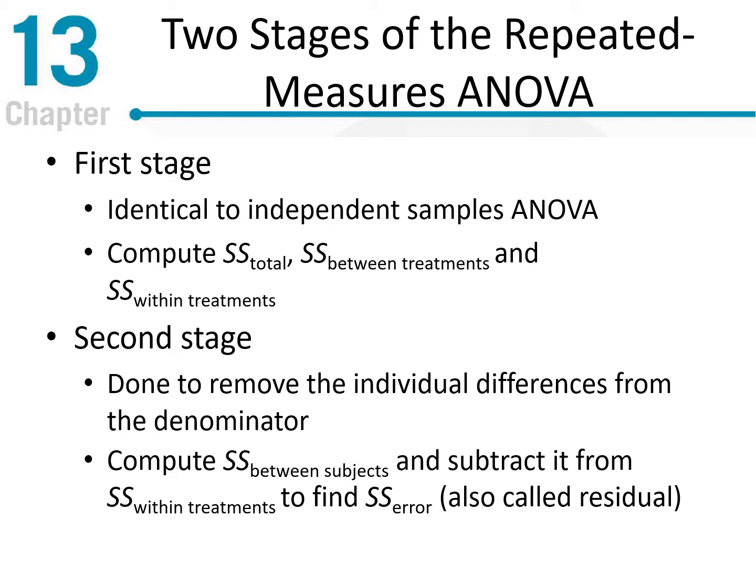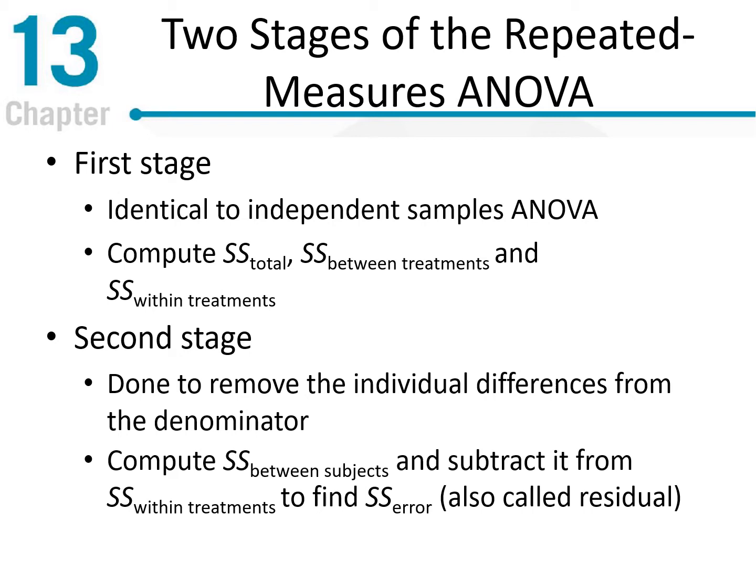The individual differences is called the sum of squares between subjects. Once you subtract the sum of squares between subjects from the sum of squares within, you'll get something called the sum of squares error, which is also known as the residual, the leftover.